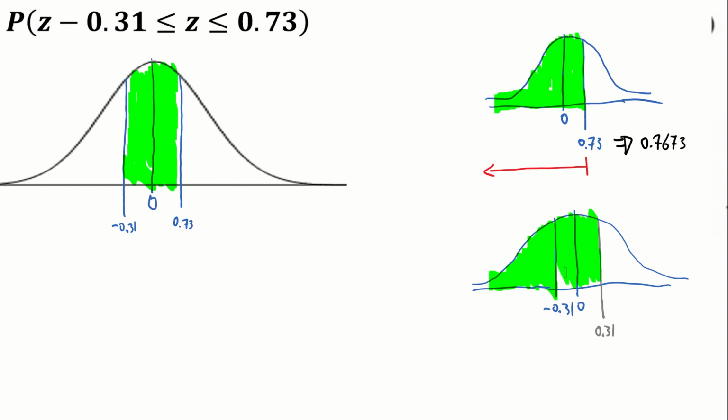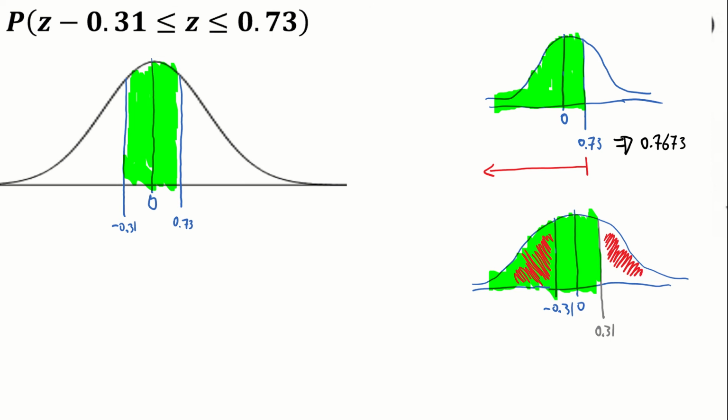But that's not what I want. I only want this region here. Let's color it in red pen here. So we're only looking for this portion of it, but that portion I'm coloring in red is the same as this because it's symmetrical.